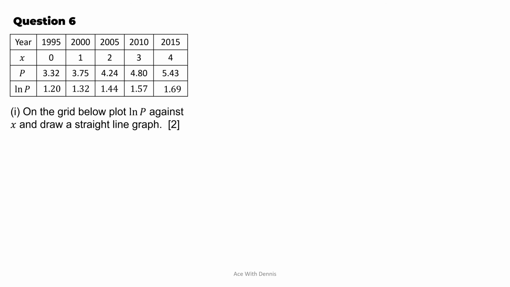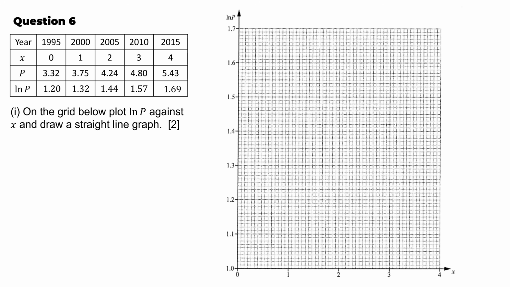Okay, so once we get all these values, this is the grid given. You can notice that the y-axis is ln P and the x-axis is just x. Therefore, we can follow the coordinates. The first point is 0 and 1.2, followed by 1 and 1.32, so the point will be here.